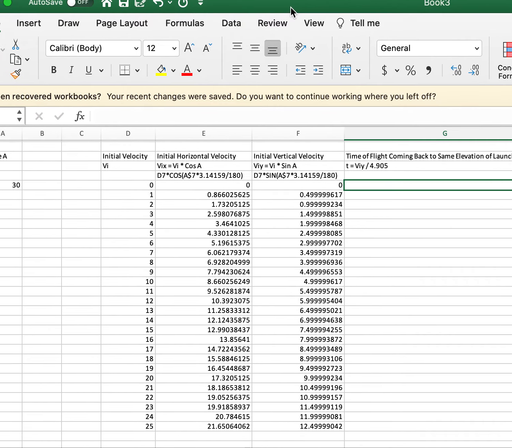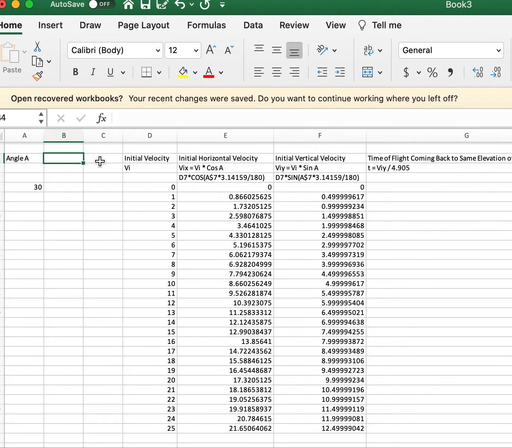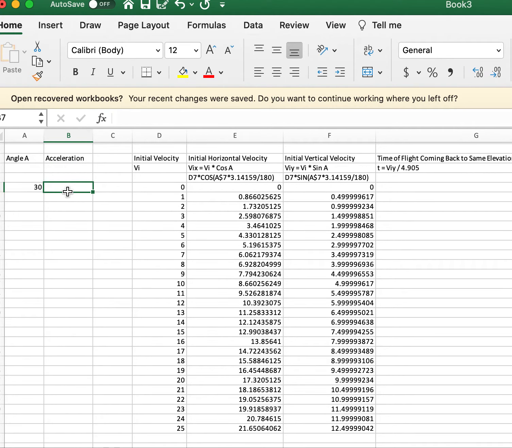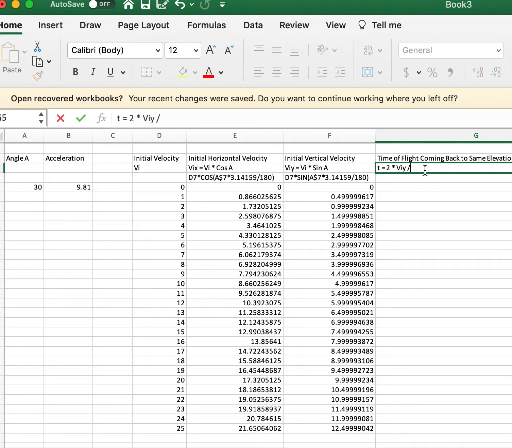If you wanted to be fancy about it, you could make a column for the acceleration due to gravity and just put in like 9.81 there. Then you could call that up as part of your formula. So we could do 2 times VIY over A, where A is the acceleration.